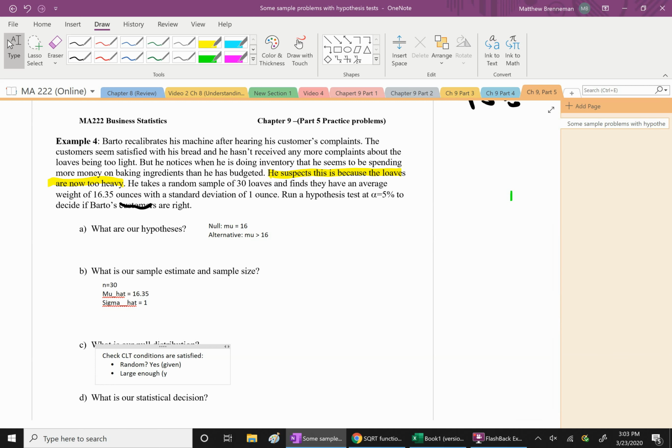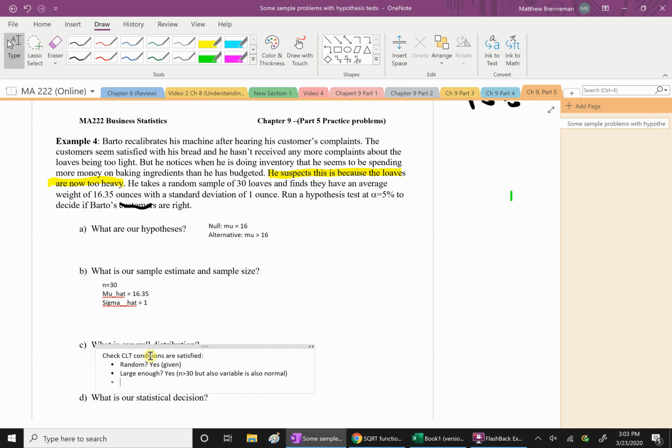So yes, because it is greater than 30. But notice also we're working with deviations from manufacturer's claims. So also our variable is normal. Even if we had a smaller sample size, say a sample size of 20, we could still run this test.